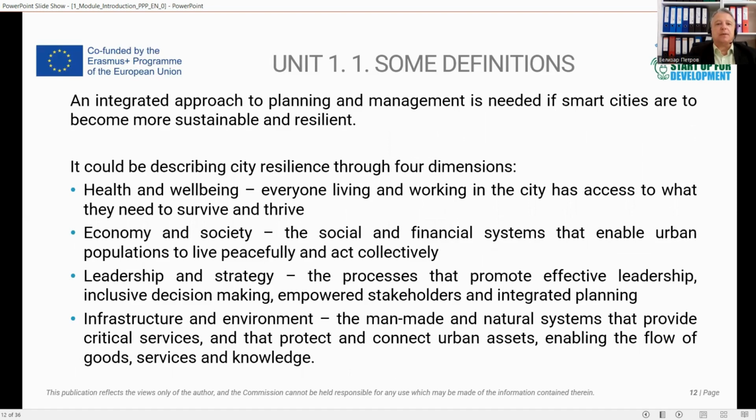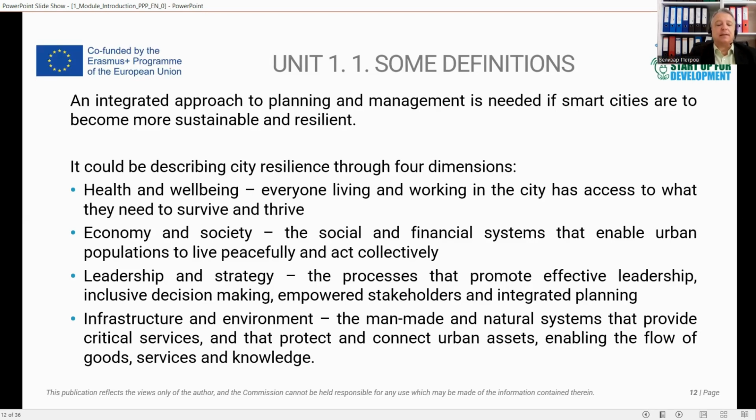City resilience can be described through four dimensions. Health and well-being: everyone living and working in the city has access to what they need to survive and thrive. Economy and society: the social and financial systems that enable urban populations to live peacefully and act collectively.